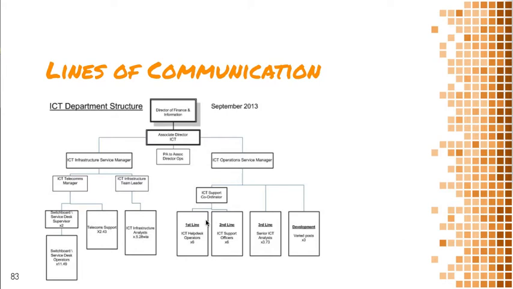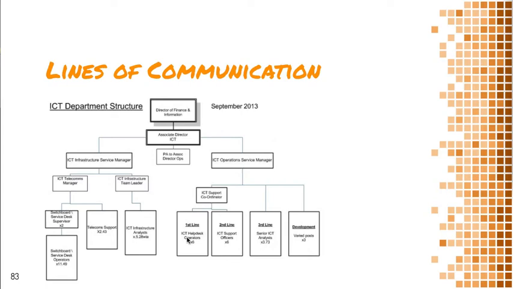For example, if you are a help desk operator, right down here, first line of help, and you're having a problem with the job you're doing and you need extra help, you wouldn't call the CEO of the company to give you that help. You should first try and ask your boss.